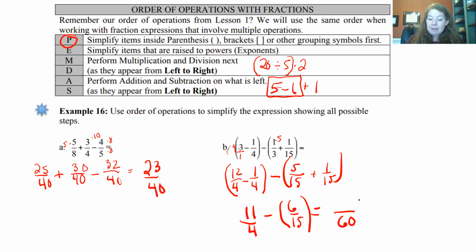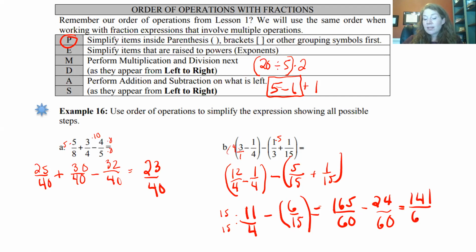Well, 11 times 15 is 165, because we multiply both of these times 15, minus, it's 15 times 4, that is 60. So now we're going to multiply 6 times 4 and get 24. And now we're ready to subtract. 165 minus 24 is 141.